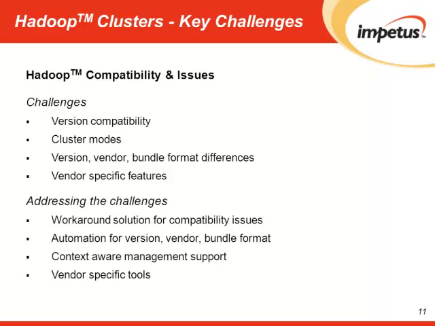Sometimes, some given configurations just may not be supported in certain versions, and problems can also arise due to multiple vendors and vendor-specific features. There can also be complexities related to bundle formats, such as tarball and RPM, as their setup and folder locations differ.